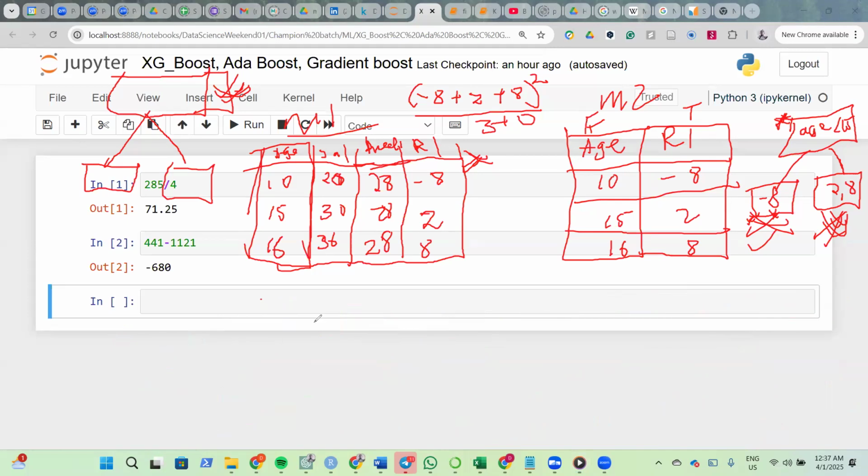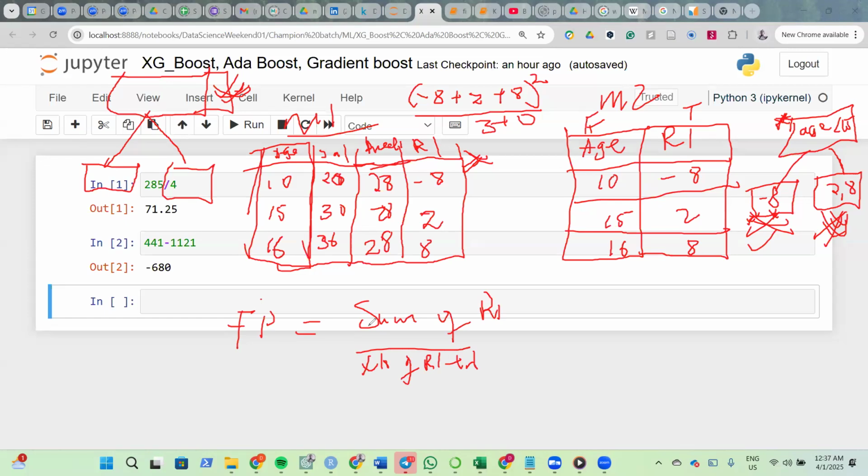So it uses the formula: final prediction is equal to the sum of residuals divided by the number of residuals plus gamma. There's no square here, so don't mistake it.